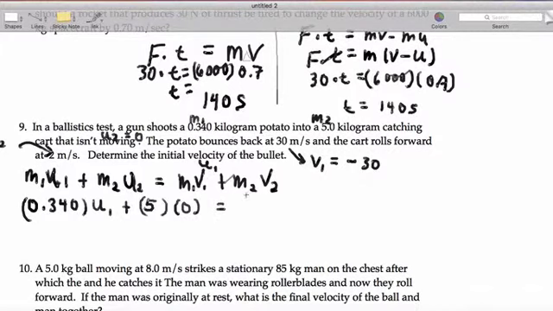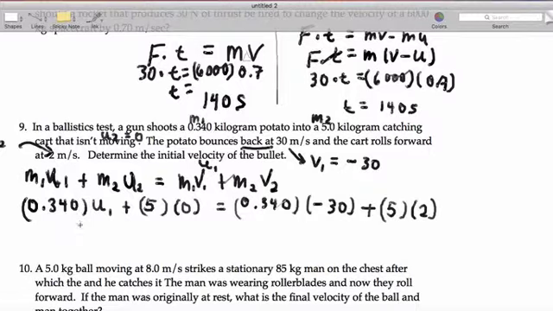So 0.340 u1 plus this 5 kilogram cart not moving. And then what happens next? The bullet recoils back at negative 30, so bounces back means you have a negative sign, plus m2, which is 5, moving at 2 meters per second. All right, simplifying things, 0.340 u1 equals, and let's be careful with this, 0.340 times negative 30 plus 10 is giving us negative 0.2.